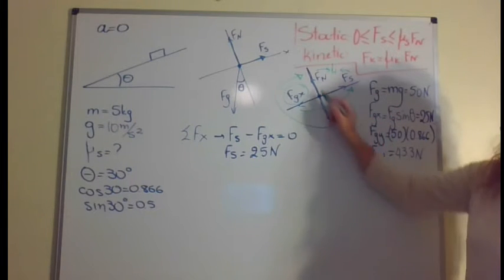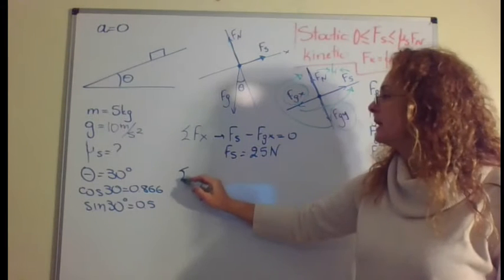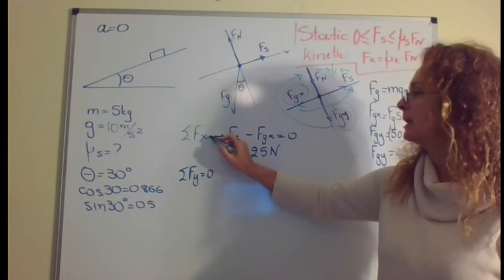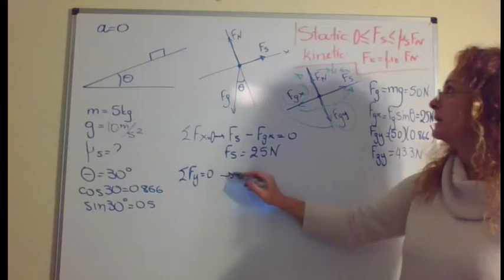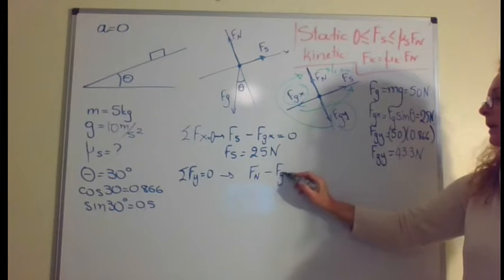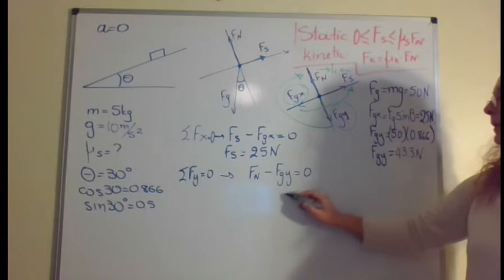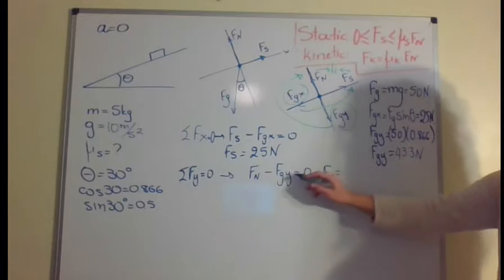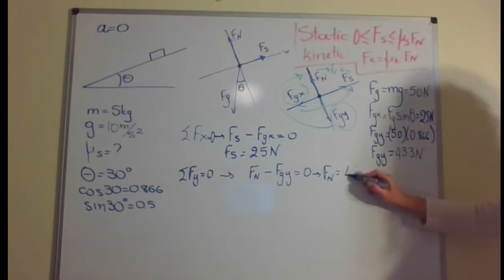Let's go to the y-axis. The sum of forces on the y-axis is zero, which means that the normal force minus Fgy should be zero, meaning that the normal force should be equal to Fgy, so it should be 43.3 newtons.